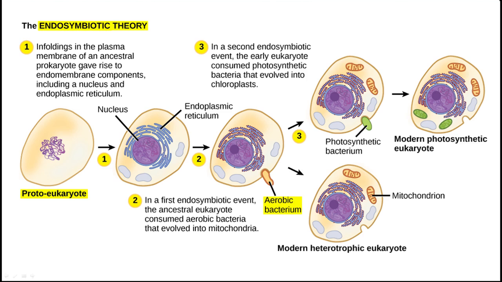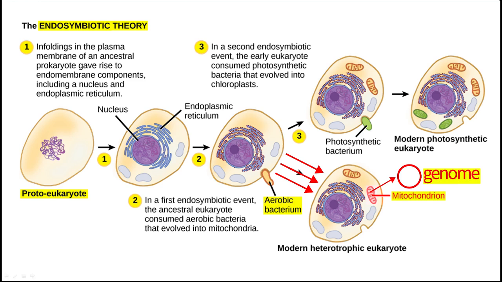That aerobic bacterium, over millions of years of evolutionary time, was finally captured in the form of mitochondria. The circular mitochondrial genome indeed shows high similarity with the bacterial genome.